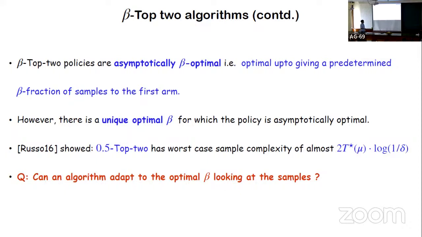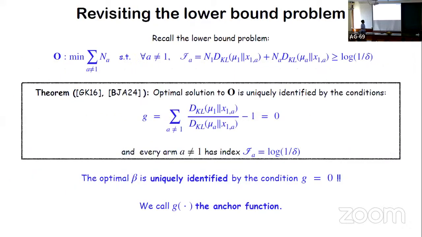To see this, we have to look at the first order conditions of the lower bound problem. What does optimal beta mean in this sense? It's a parameter to the algorithm. So what putting in beta does is that it just maintains n1 equal to beta times the total number of samples. It just picks some fraction beta for the best arm. Empirically, after sufficient exploration, it becomes the best arm.